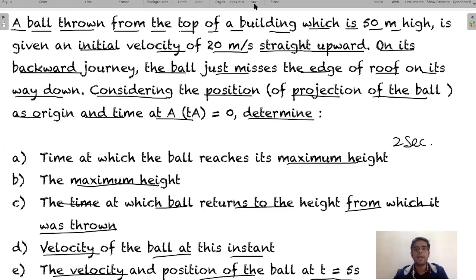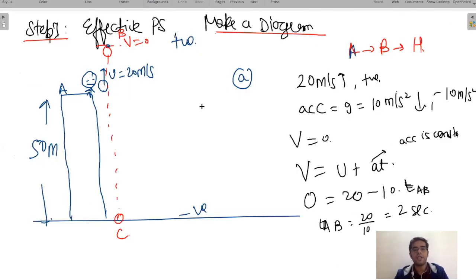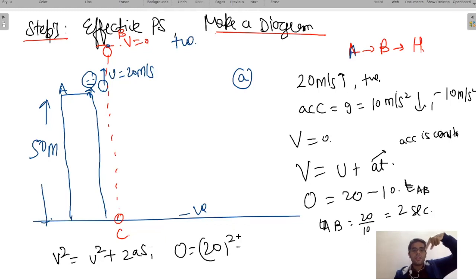Now we need to find the maximum height. So again from A to B, now we will apply another equation of motion, which is v² = u² + 2as. Final speed at B is 0 because that's the maximum height point. u is 20, squared. Acceleration is in the downward direction and displacement is in the upward direction.